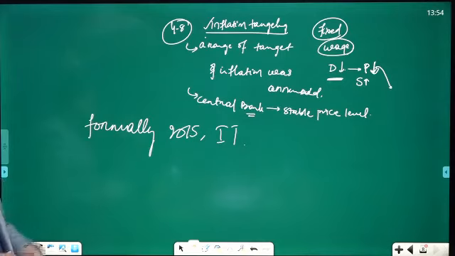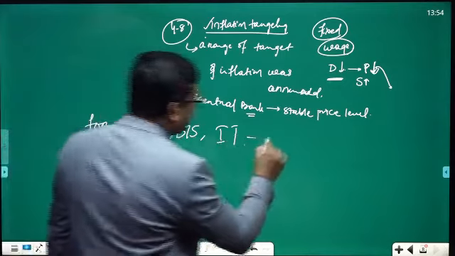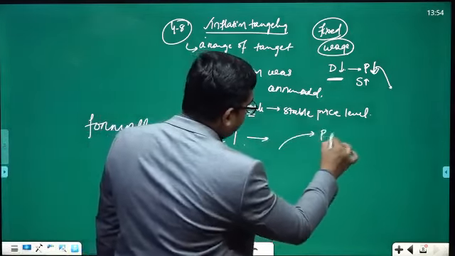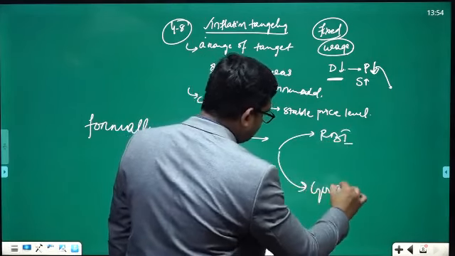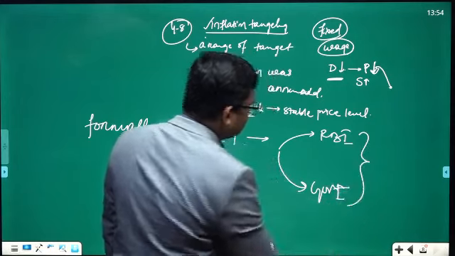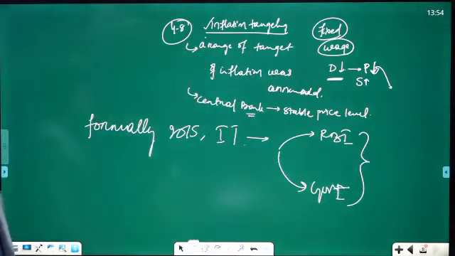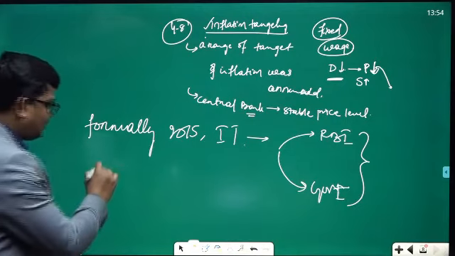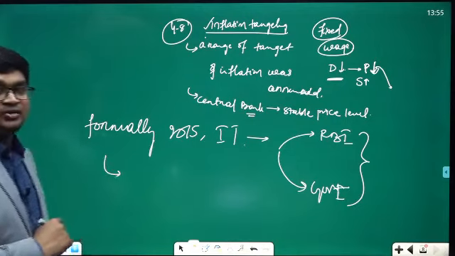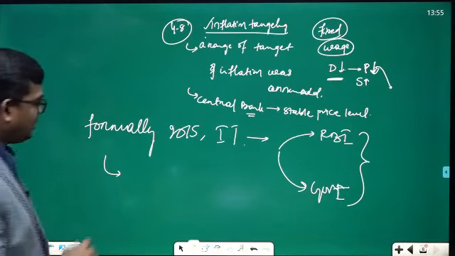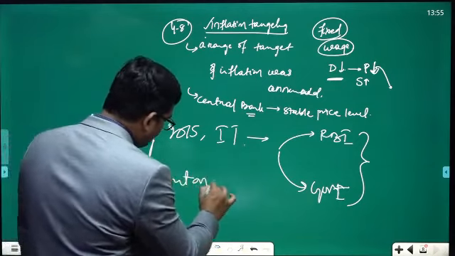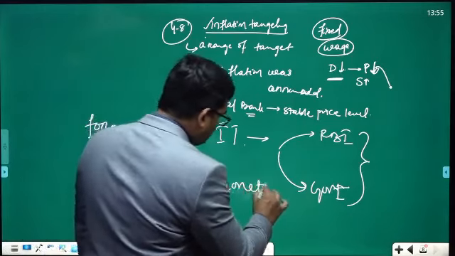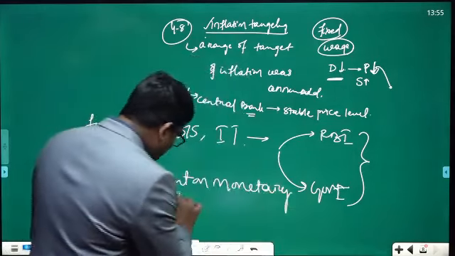It was an agreement between two parties: one is the RBI, another is the government. They signed an agreement, and the name of the agreement was the Agreement on Monetary Policy Framework.